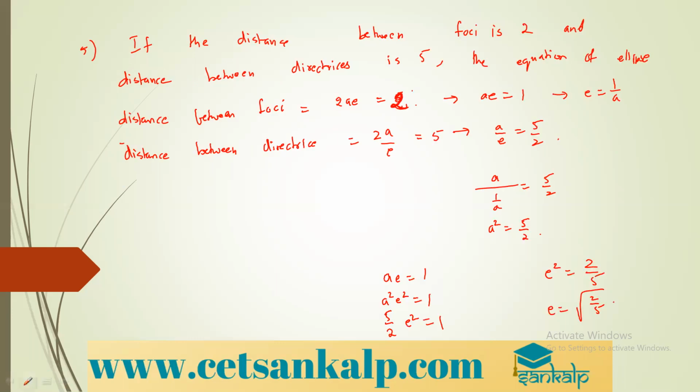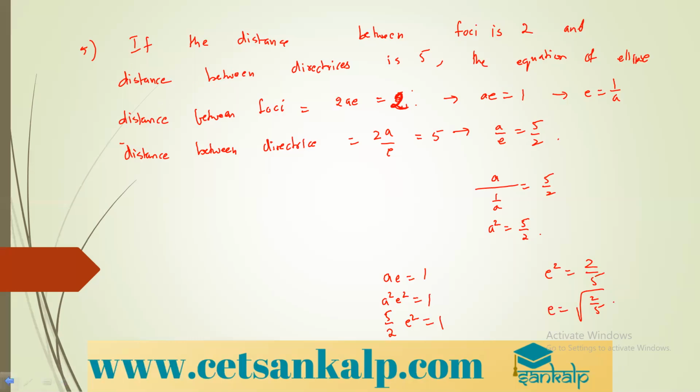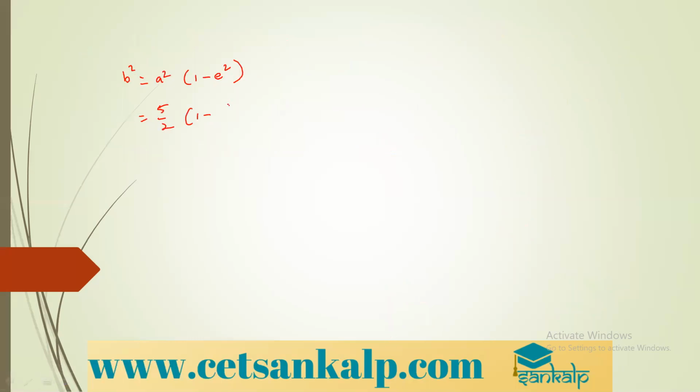What did I get for A square? 5 by 2, into 1 minus, what did I get for E square? 2 by 5. So 5 by 2 into 3 by 5. 5 and 5 will cancel. B square is 3 by 2.